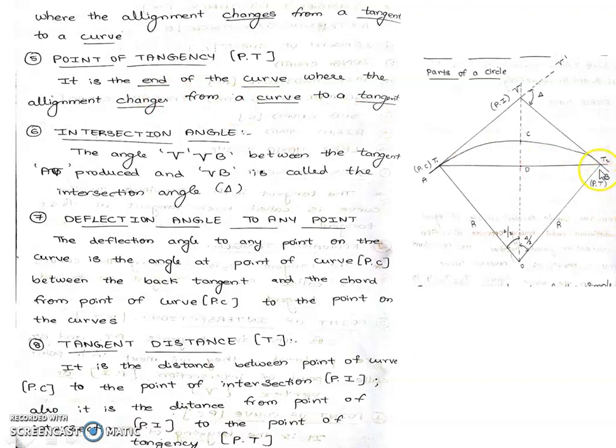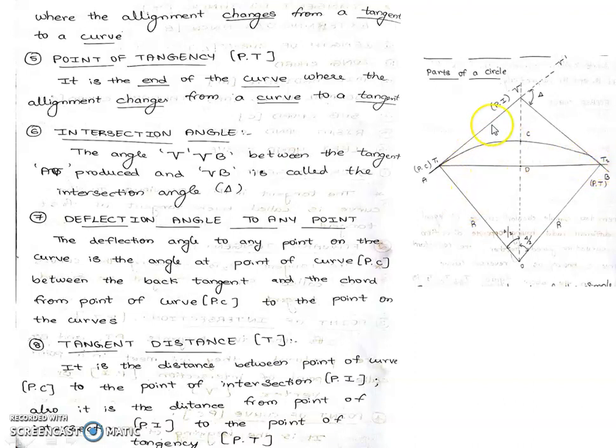Next, point of tangency. Point of tangency is the end point of the curve where the alignment changes from curve to tangent. Up to here this is curve and here it has again changed to tangent. That is point of tangency, PT.